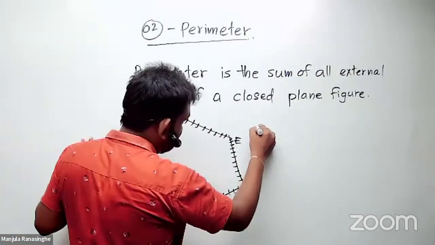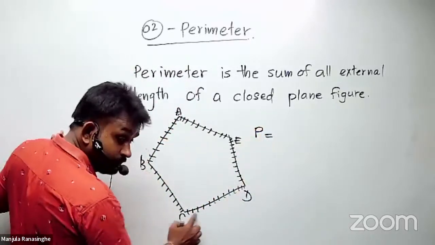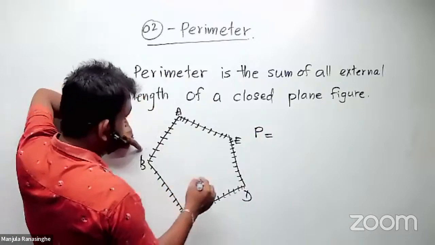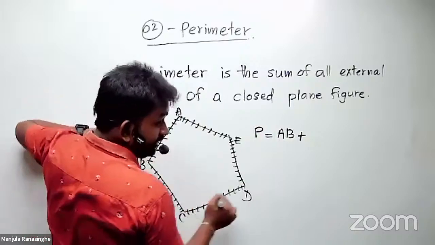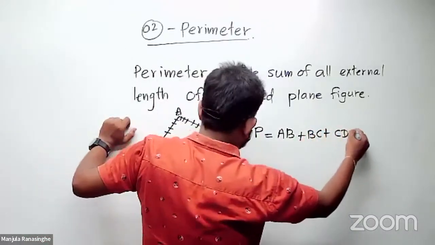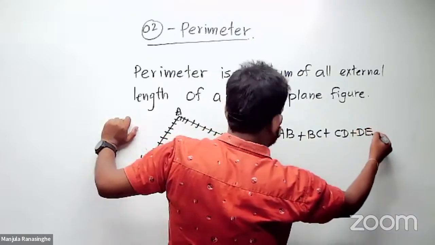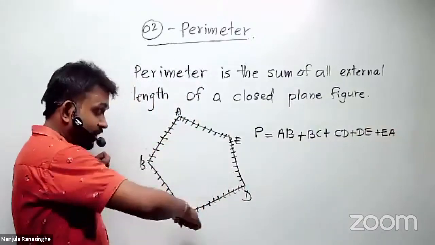Perimeter means the symbol P equals the sum of all the outer length. This length is denoted as AB, plus here BC, plus CD, plus DE, plus EA. So this is the concept of perimeter.